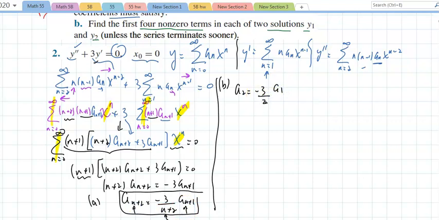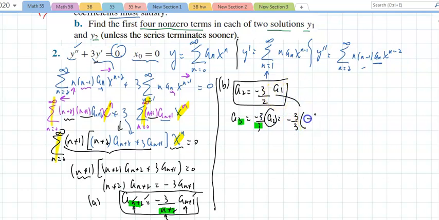Right? And if I take a sub 3, that means I put a 1 there. That's going to be negative 3 over. So it seems whatever this is, that's a 3. And this is 1 less than that. But I know what that is. That's negative 3 over 3 times a sub 2 is actually right there, negative 3 over 2 a sub 1.